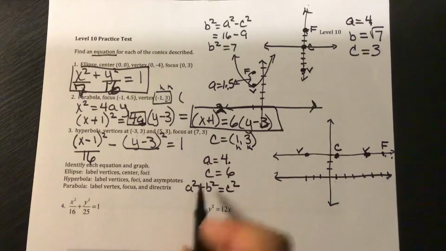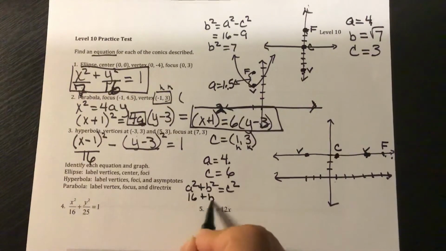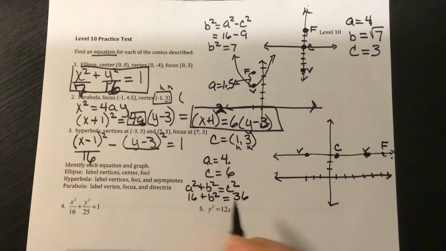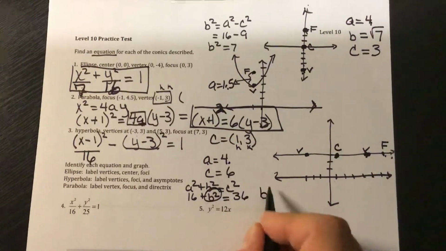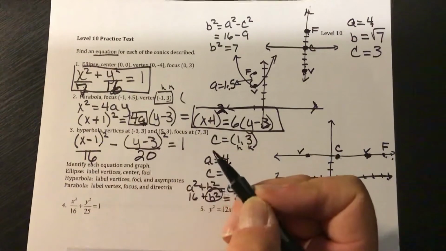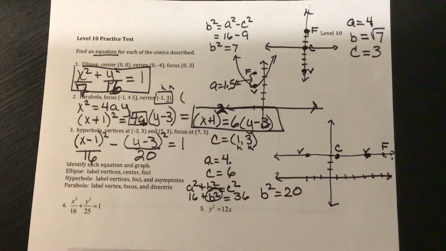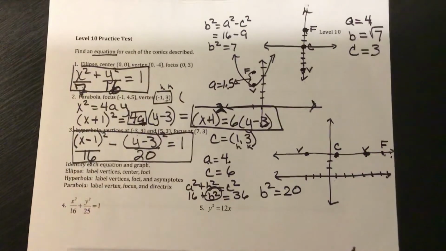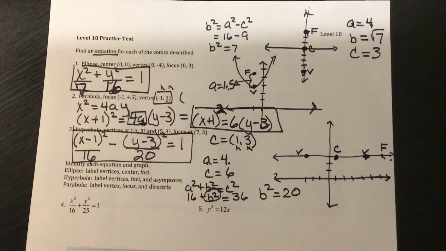So a squared is 16 plus b squared equals c squared, which is 36. So b squared here has to be 20. And that's the number I need to put under the y term. So this is the equation of the hyperbola in standard form.